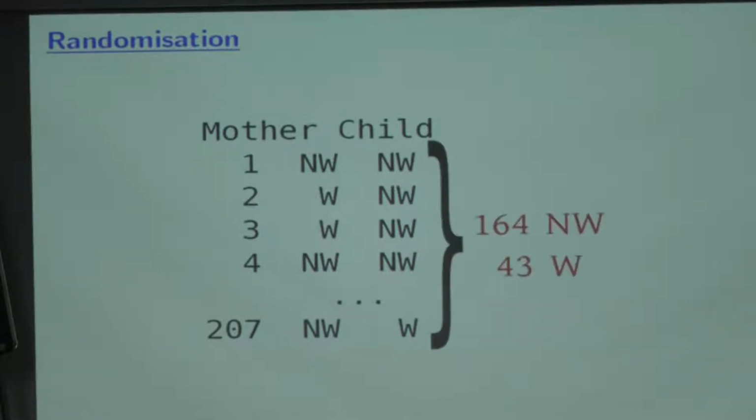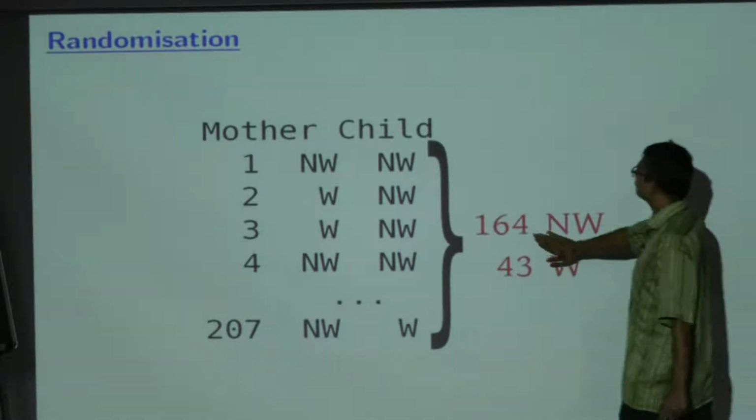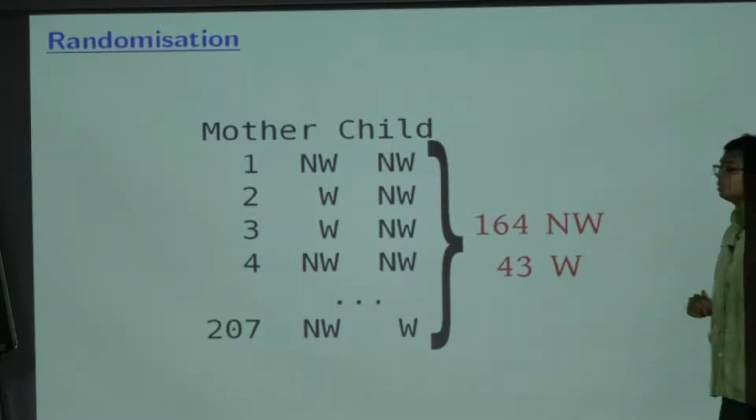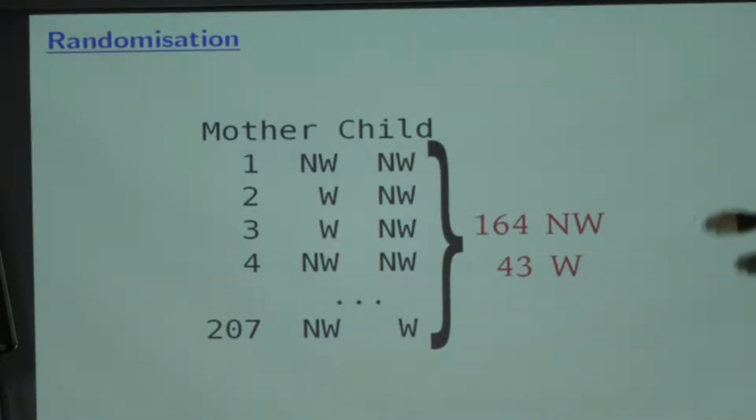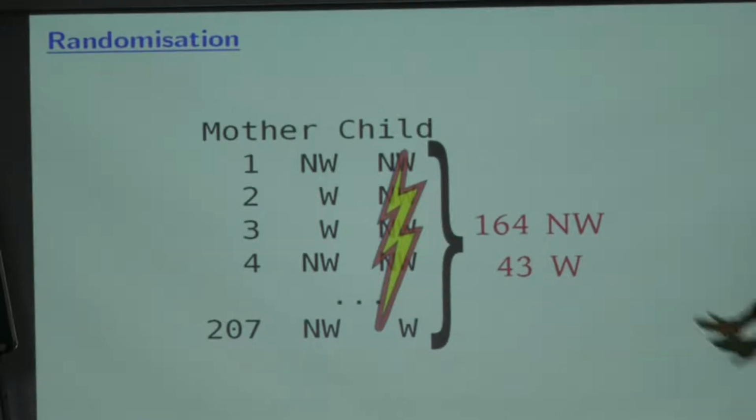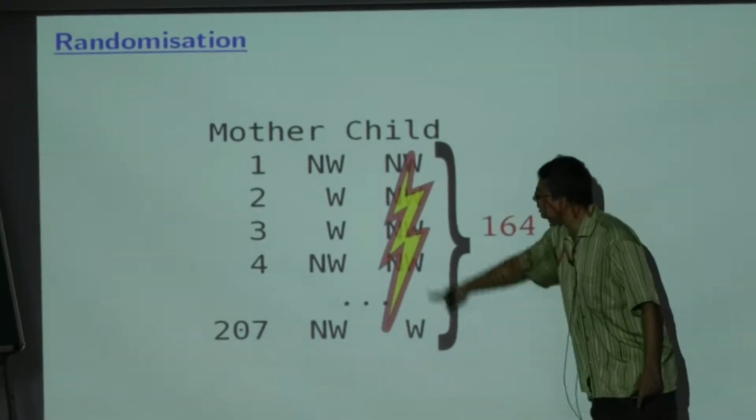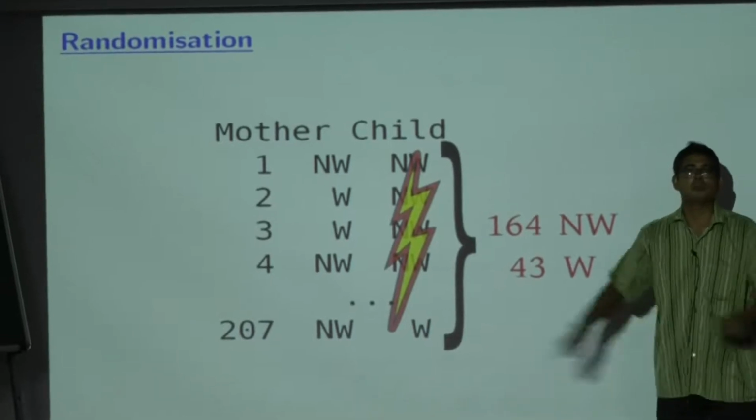So what I will do is consider these children, 164 of them without whorl and 43 with whorl. All these children are standing. I will just reshuffle them. Keep the mothers standing in the same row without changing position, but take these children and randomly permute them.